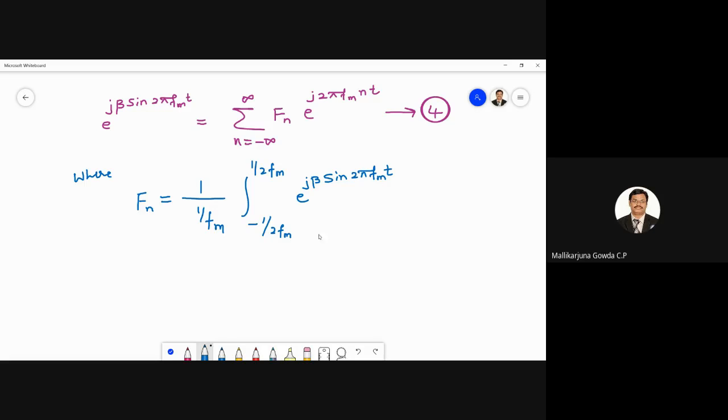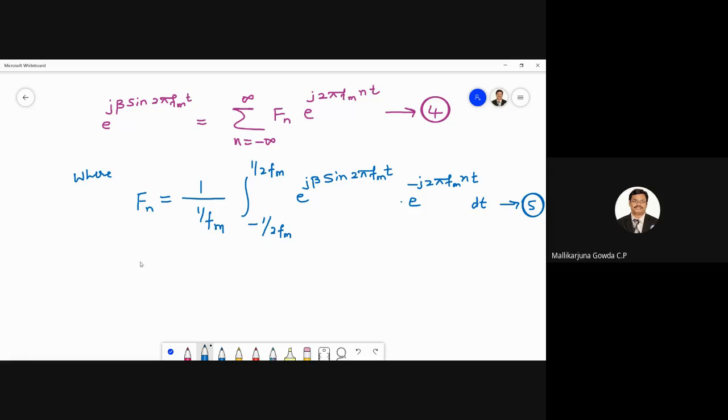The next term is e power minus j 2 pi fm n t into dt. Let me call this equation 5. So I have just written what is Fn.